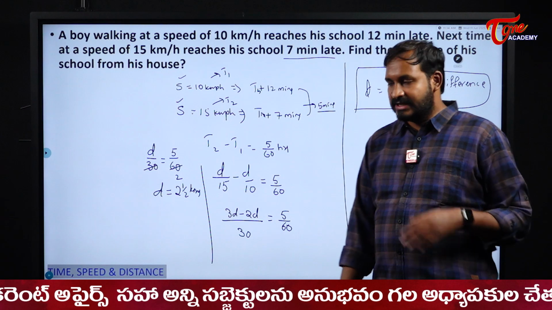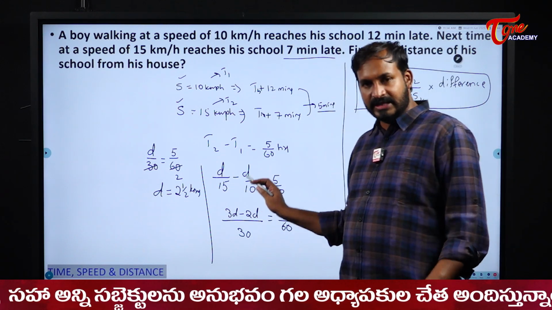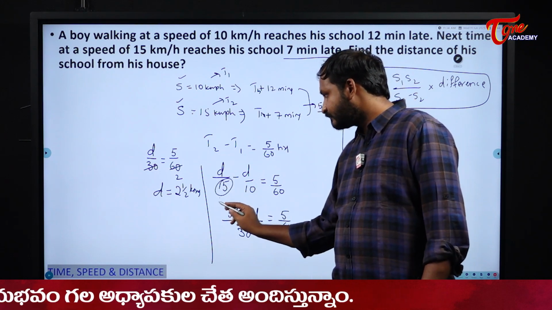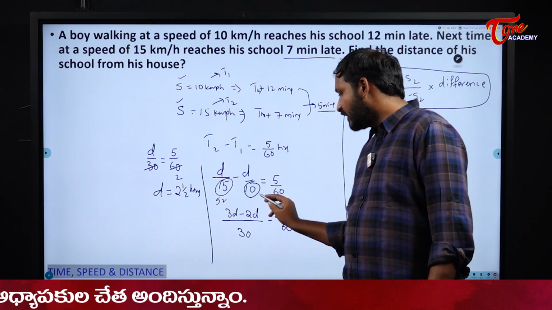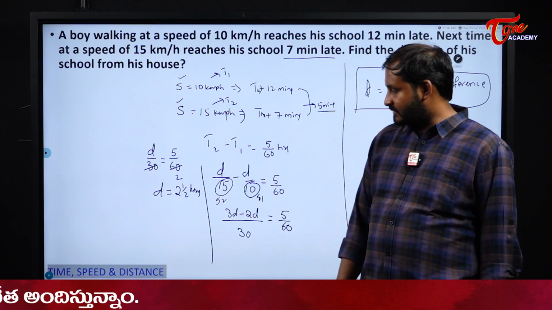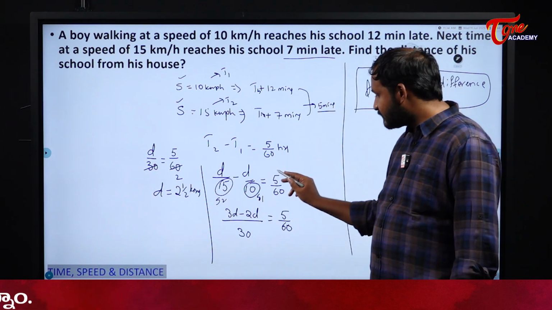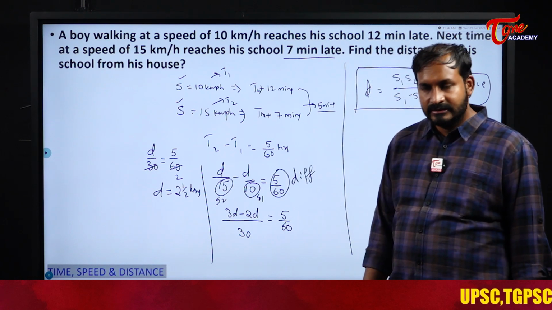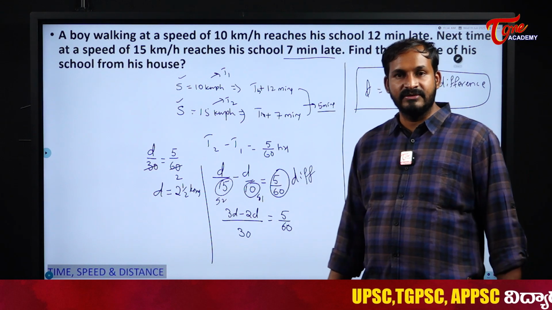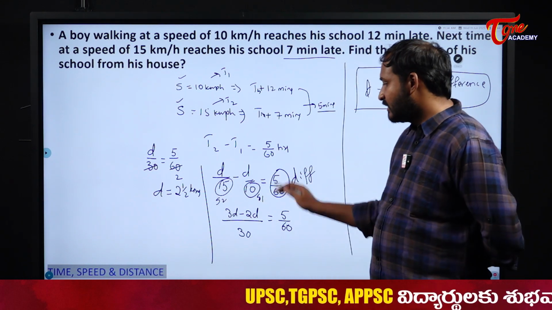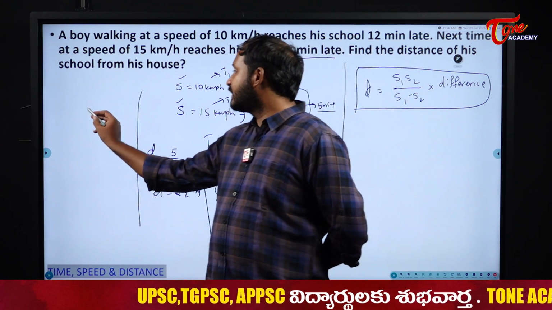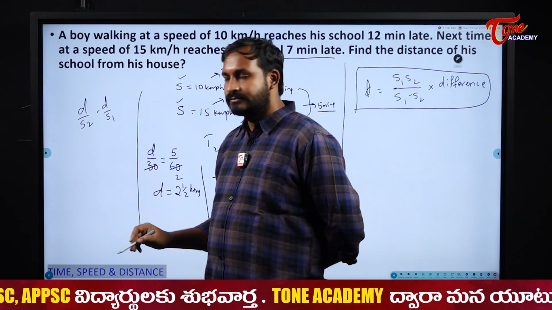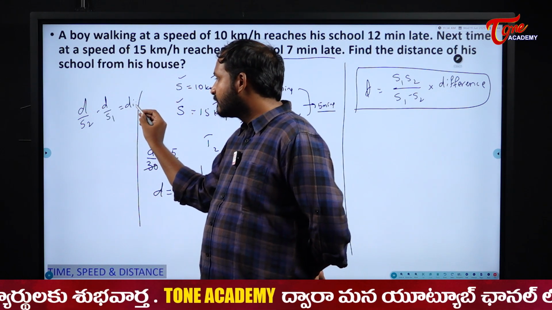See here, students, these are the speeds S1 and S2, and this is the difference between the times. Now see here, I can write D by S2 minus D by S1 is equal to the difference.